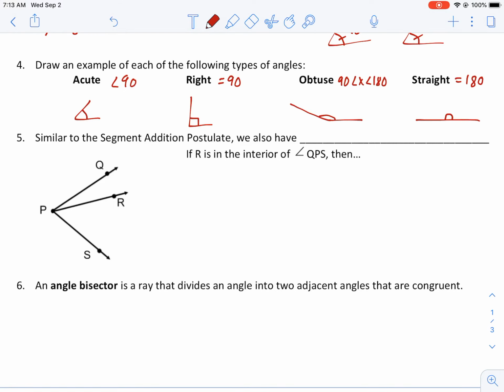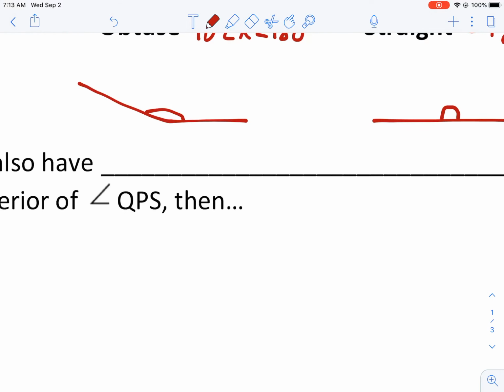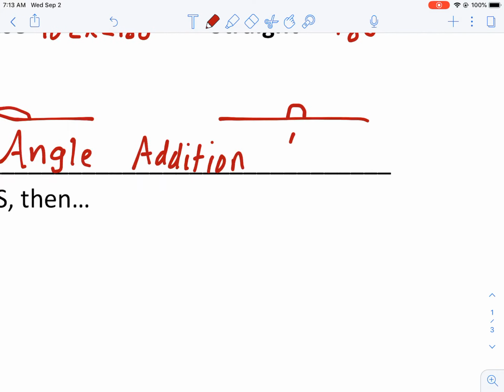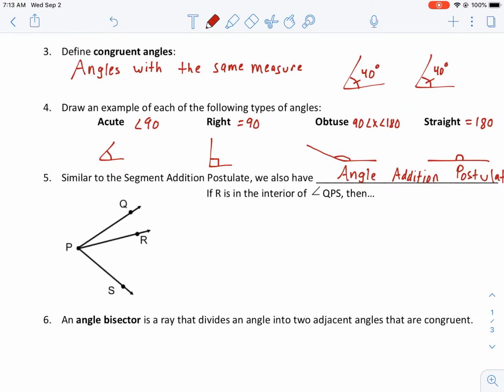So similar to the segment addition postulate, all right, we also have our angle addition postulate, and it's literally the exact same thing. Okay? The parts make the whole. That is what this says.